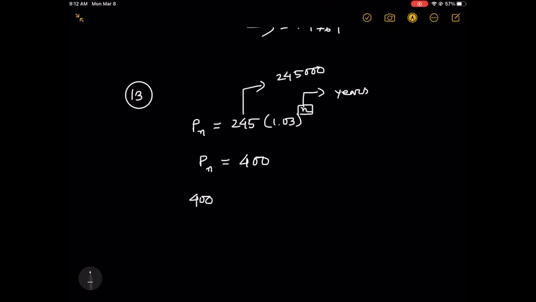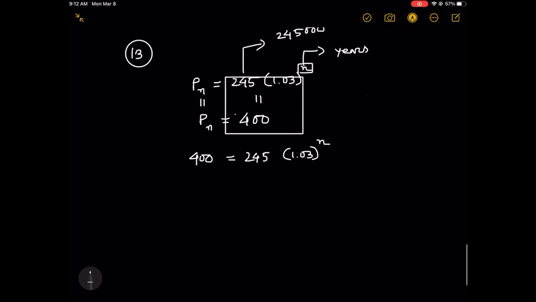It will be 400 equals 245 times 1.03 to the n, because both are equal to Pn, so you can write them equal as well. We have already seen problems like this, right?